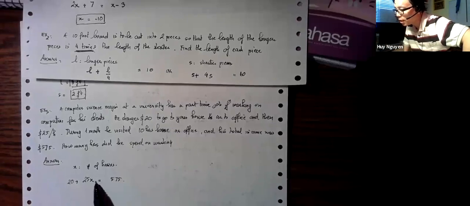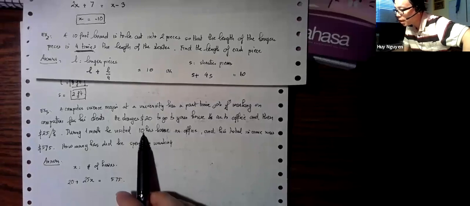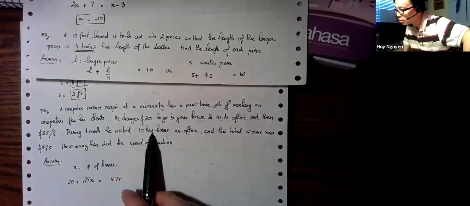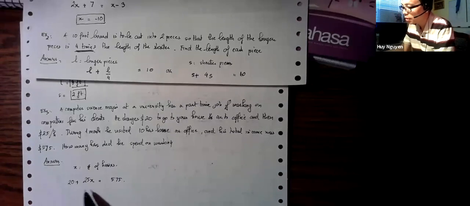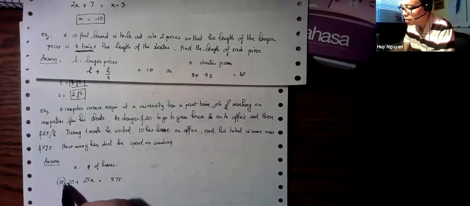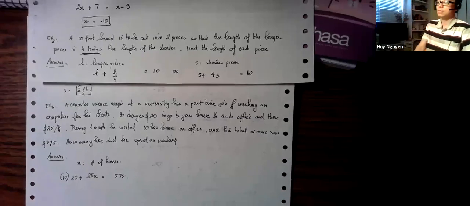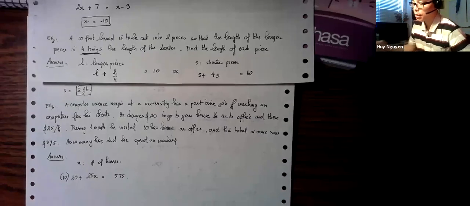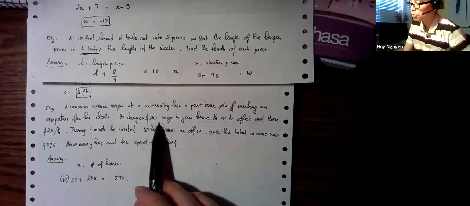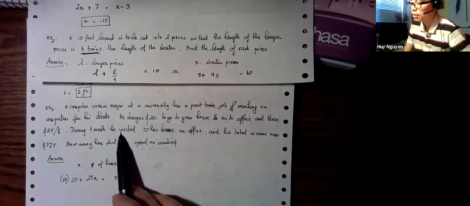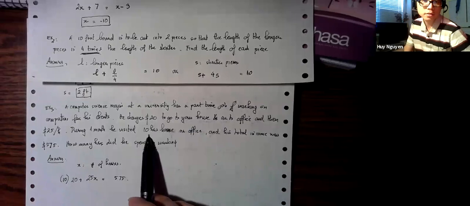So we have 25x, and the $20 is multiplied by 10, because he charged $20 to go to your house, but in the first month he visited 10. So you have to multiply 20 by 10.